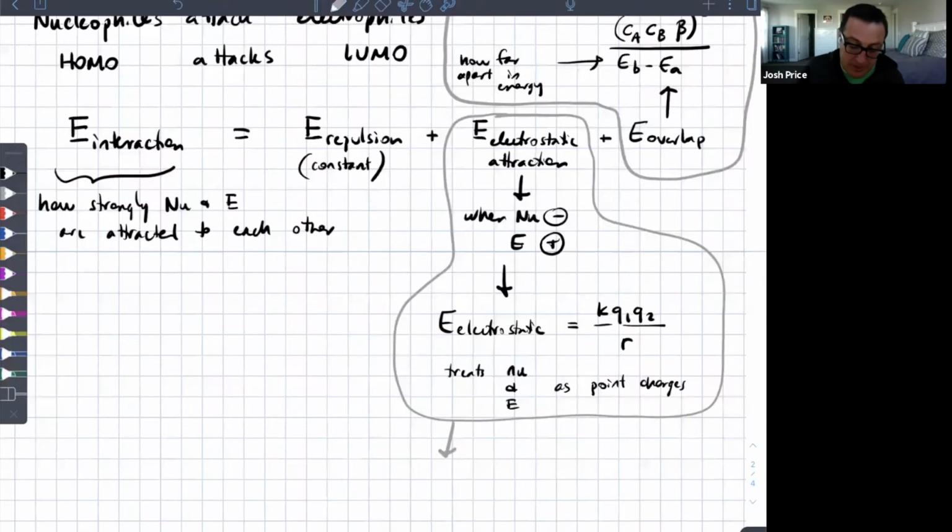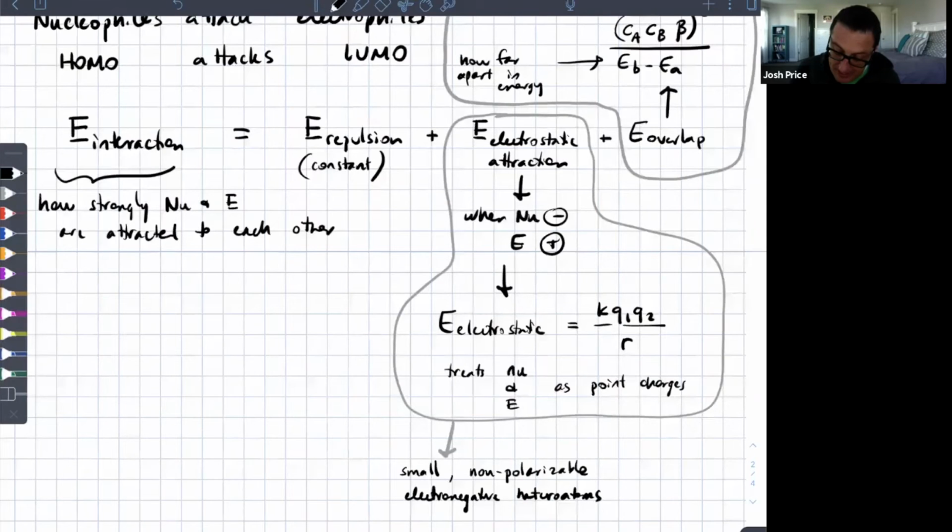nucleophiles and electrophiles that have a high electrostatic term tend to be small. The atom that holds the charge tends to be small. It tends to be not very polarizable, meaning it's unable to distort its electron density very much. The atoms that hold the negative charge tend to be electronegative heteroatoms.